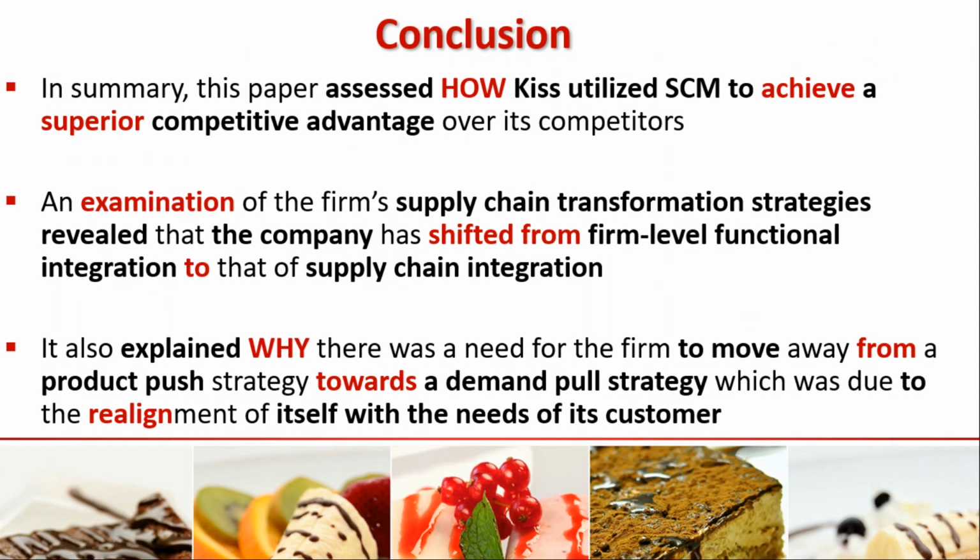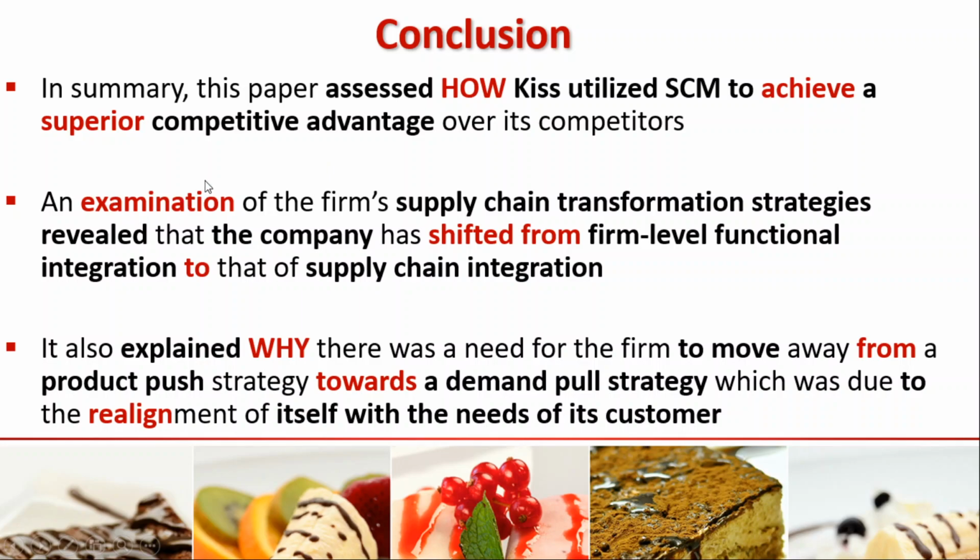So here's where you go into your conclusion, and basically what you're doing at this stage is reiterating what you would have talked about in your introduction and your body. So in essence, this paper assessed how KISS utilized supply chain management to achieve superior competitive advantage over its competition.